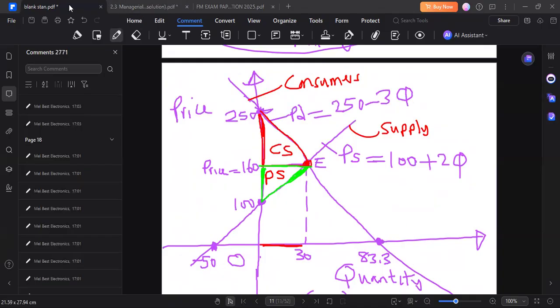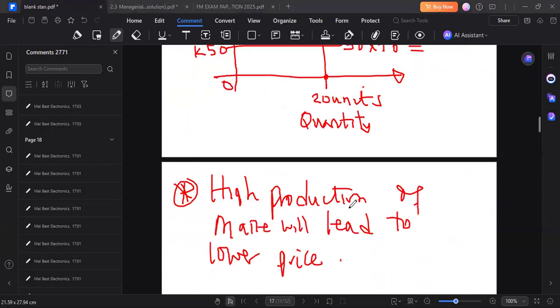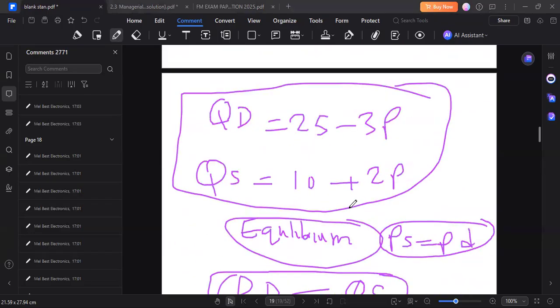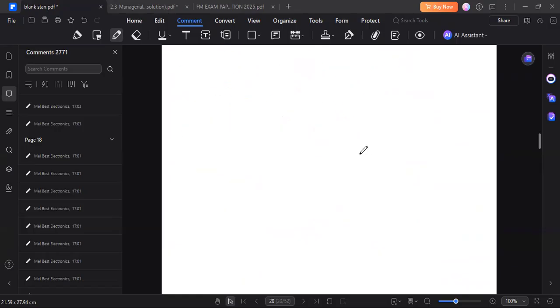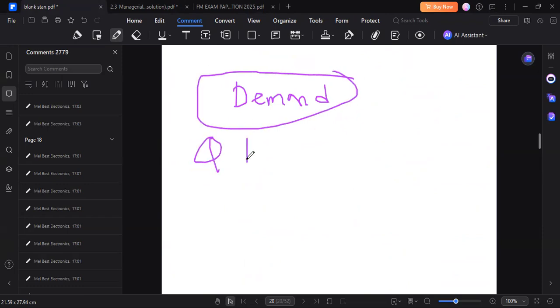So if you go back to this given problem, as you are trying to do a graph, you simply come up with a table of values. So once demanded, you have this one. Demand: we have quantity demanded equal to 25 minus 3p.